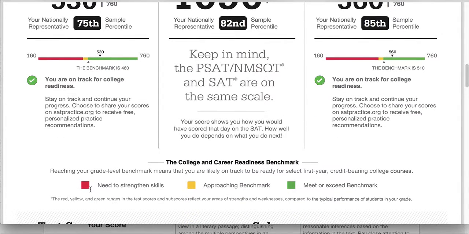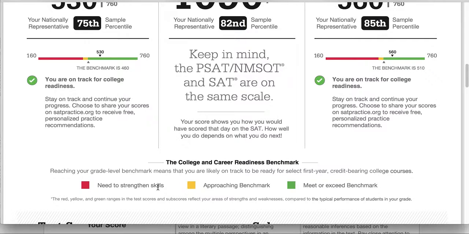So below those bars you can see that red means you need to strengthen skills, which means that overall the PSAT is estimating that you're a little bit behind in the skills you would need to succeed in school and thus also in college.